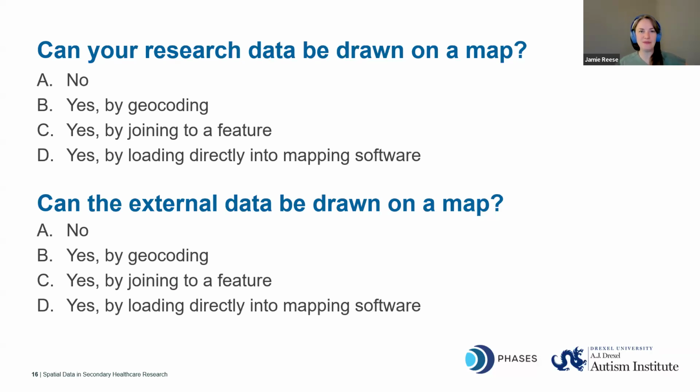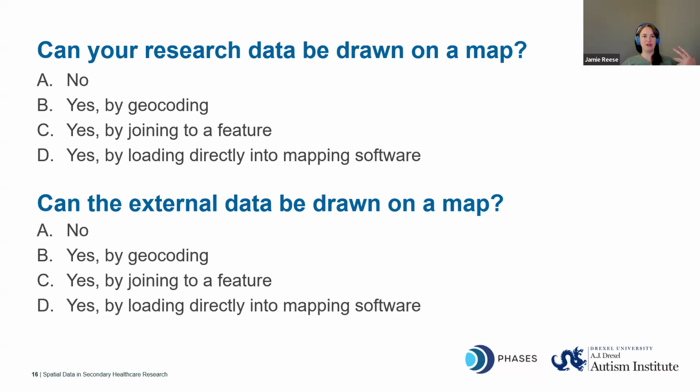All right, so we want to think through from here what can be drawn on a map. We'd like to ask this question for both the research data, which if you're using our example is going to be the electronic health records, and for the external data, which if you're using our example is going to be the area deprivation index.